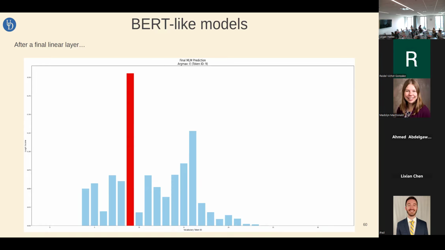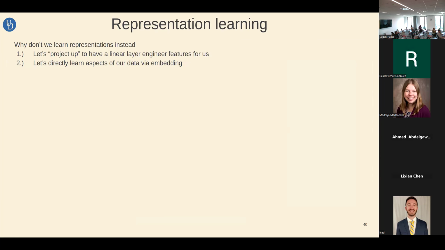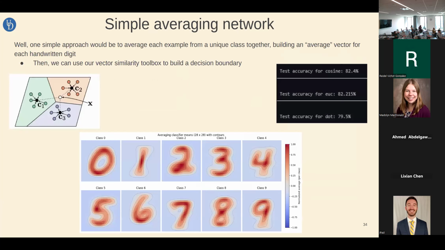In some way, supervised denoising sort of encodes facts by shoving them in the weights, and then you can use them by doing a dot product. I wanted to highlight the average experiment we did earlier, where we built an average vector for each digit, and then, for a new input, assigned the class based on which one it was closest to.